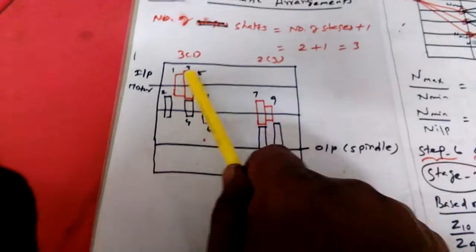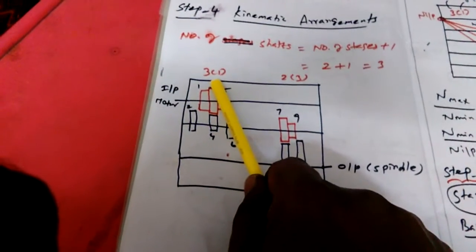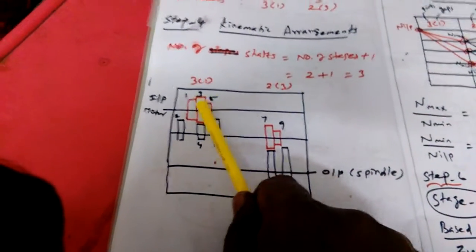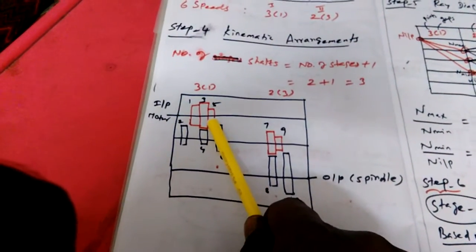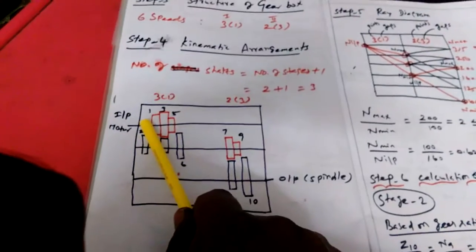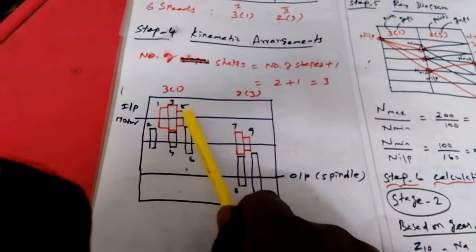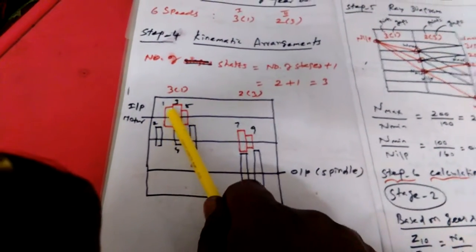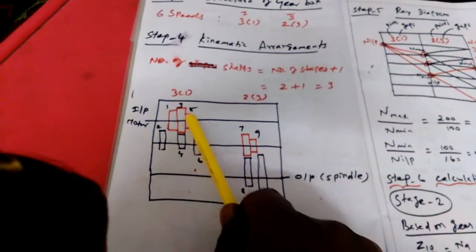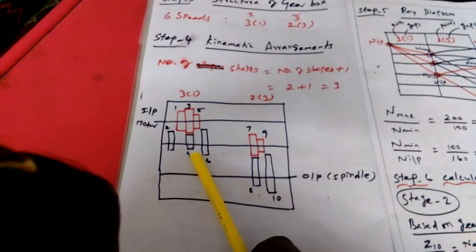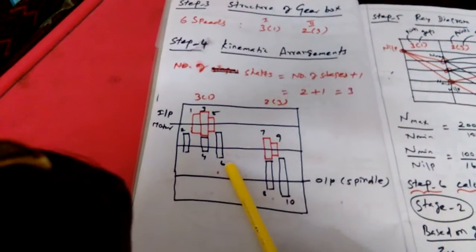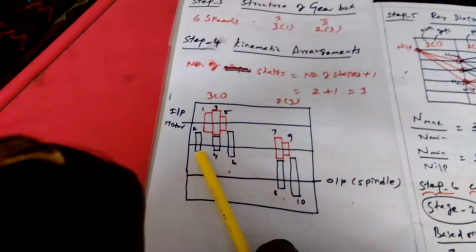I told you the center one will be the larger gear, and the right side one is the smaller gear, and the left side one is somewhat bigger than the right side one. And similarly we have to draw the matting gears also. So for the third gear we have to draw the fourth gear, for the fifth gear the sixth gear, for the first gear the second gear.